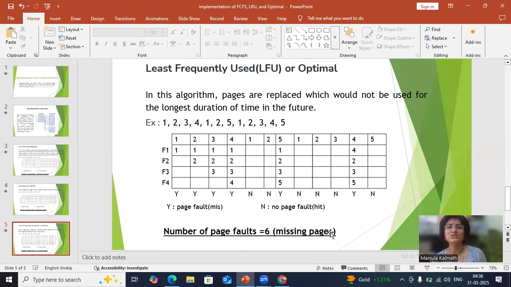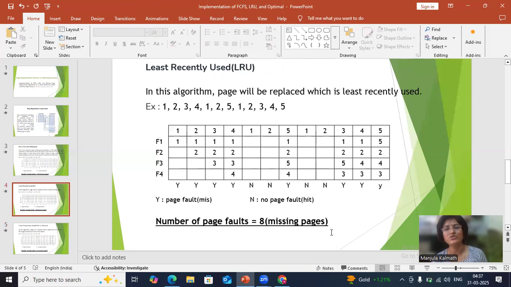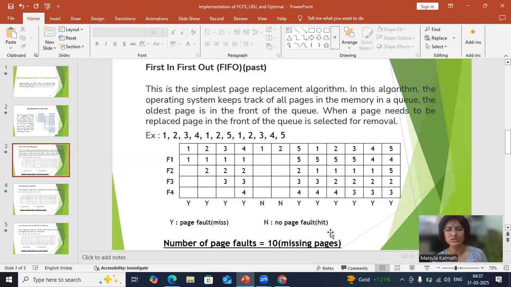The efficient algorithm is the last one, the optimal replacement, because the number of page faults is less, so the efficiency of execution increases. That is, the required pages for execution are in the main memory only, so execution speed will be higher compared to where there are more page faults. That's what optimal page replacement is. It is one of the efficient algorithms among all these.